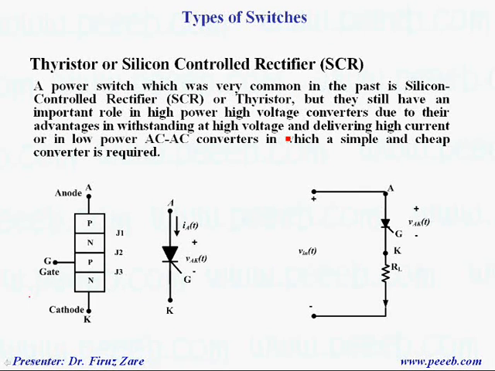SCR, or silicon controlled rectifier, or thyristor. This is a special power switch which was very common in the past, but at the moment in modern power electronics we normally use this type of switch in very high voltage or very high current applications, because they can handle high voltage and deliver high current.